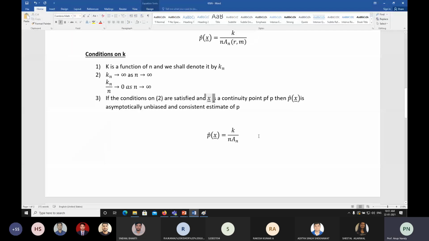Now if you have this ith observation out of the n observations, you need to compute this p x.